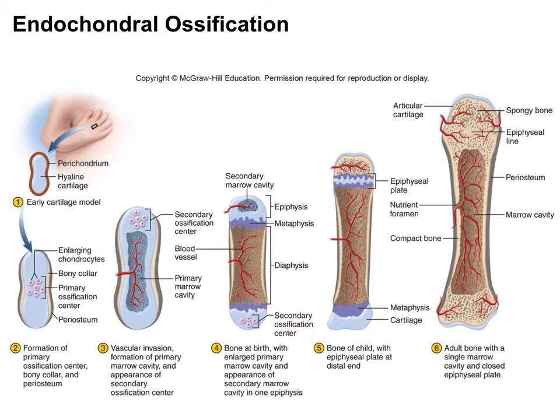Now, with regards to the steps involved, again, we're going to keep this very conceptual. The first step is going to be the formation of what is called a cartilage model. So that means we're going to have to take mesenchyme, this generic loose fibrous embryonic connective tissue, and actually change it into something that can actually be called cartilage.